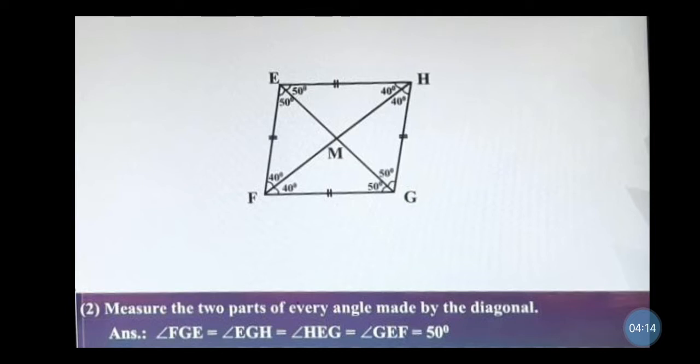Similarly, angle EHG was also 80 degrees. When the bisector, that is FH and EG, is made, it becomes a half. So it divides the angle into equal parts, that is 40 degrees and 50 degrees each.